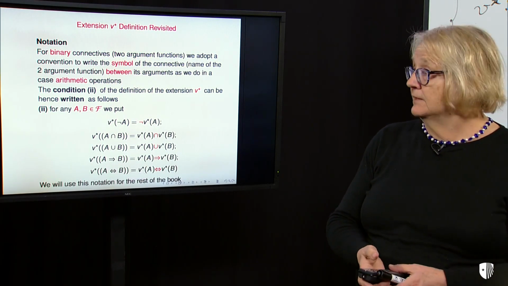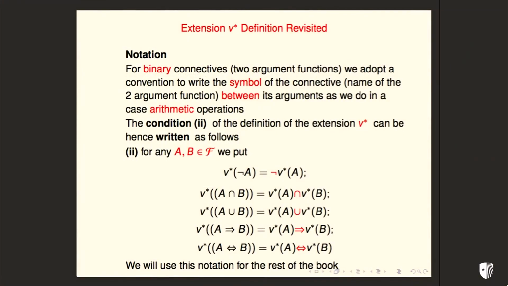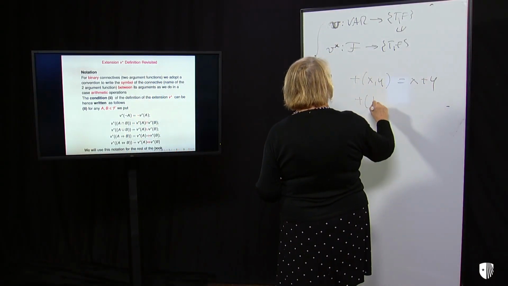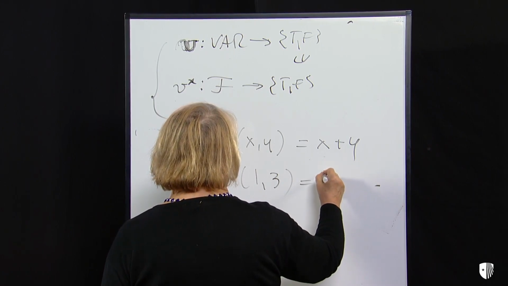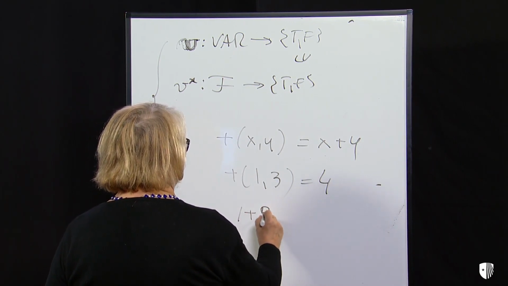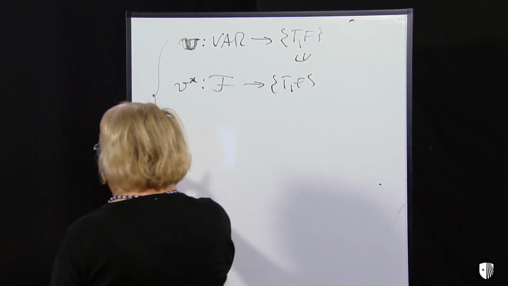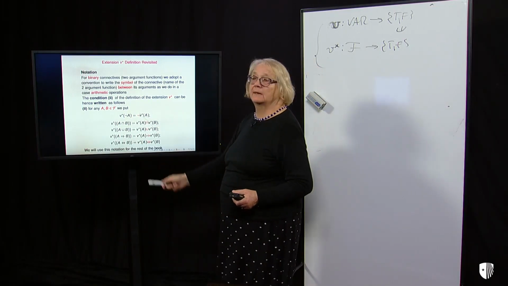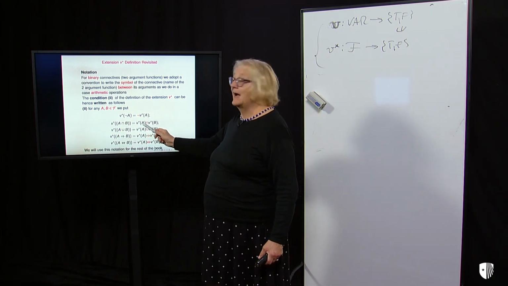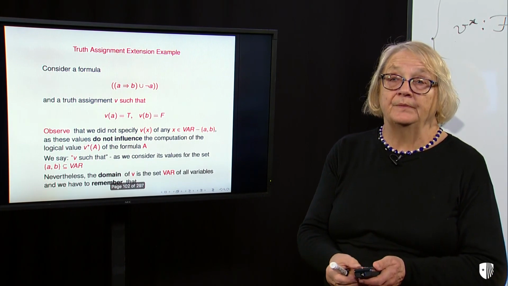And also, as we said, instead of writing plus x y, we write x plus y. So instead of writing plus 1, 3 is 4, we write 1 plus 3 equals 4. We put the connective in between, so that we write it like that. I put it in red just to remind you that these are connectives, and that is how you define those. And these values are defined by your connective truth tables.